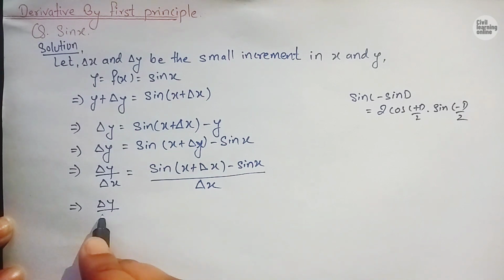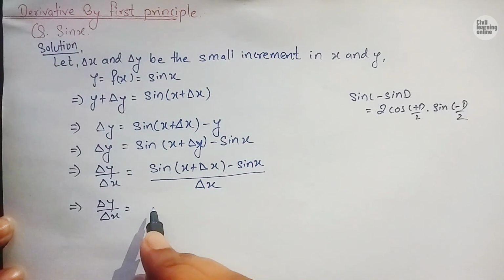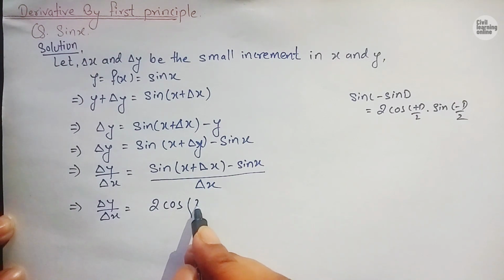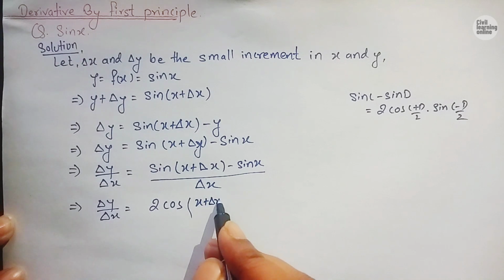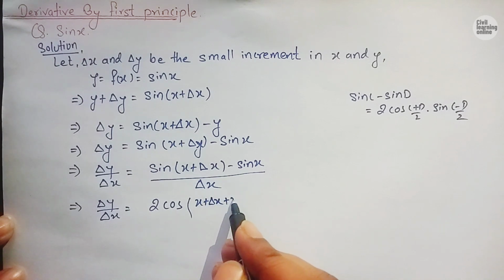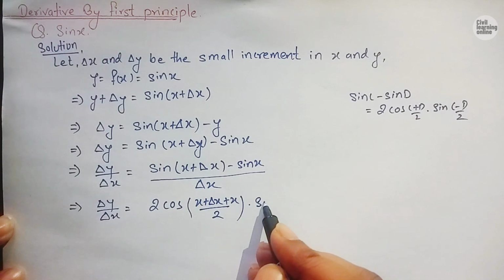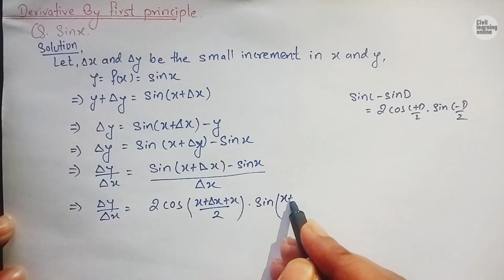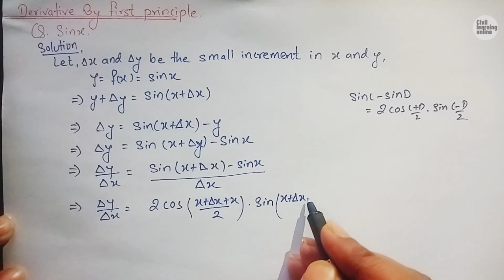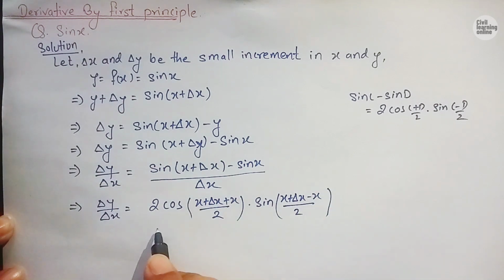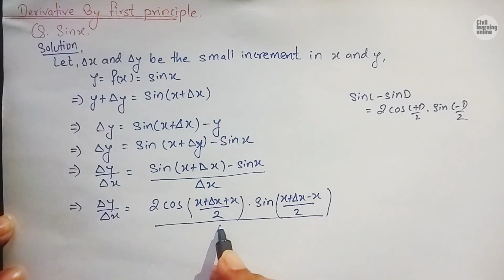So delta y upon delta x equals 2 cos, in place of c we have ((x plus delta x) plus x)/2, times sin(((x plus delta x) minus x)/2), and this whole divided by delta x.